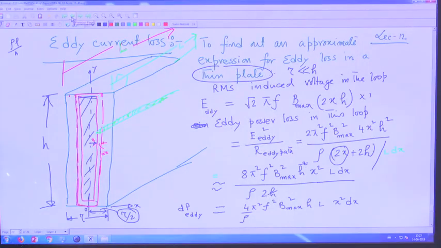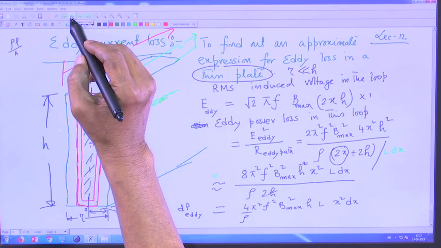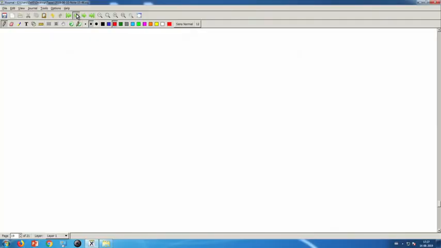It was necessary to derive because in the transformer, if you go to the previous page as well.